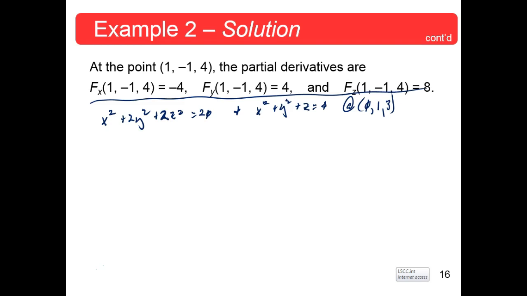Now, what we need to do is find a set of parametric equations for the tangent line to the curve of the intersection of those two things at that point.